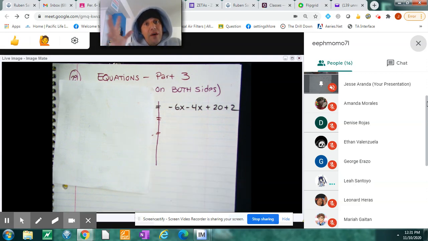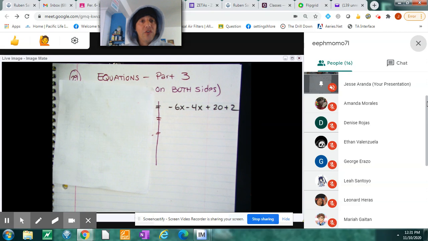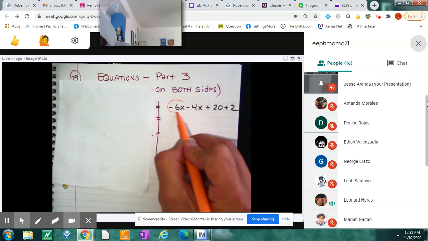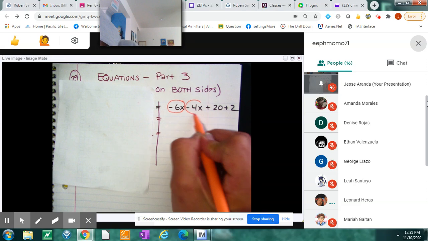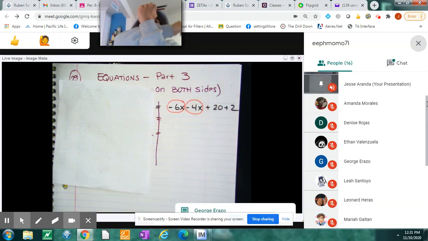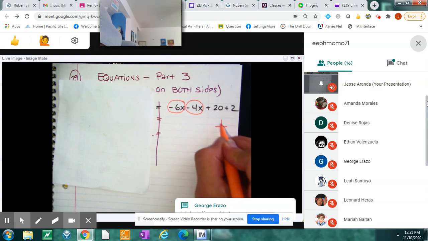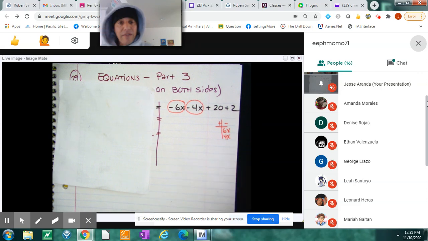So now let's just combine like terms. Leonard, what am I going to combine? What am I going to circle first? 6x, negative 6x. Correct. And negative 4x. So remember, combine like terms, the T chart. Here we go with the T chart. What's your answer, Leonard? Negative 6x plus a negative 4x is what?